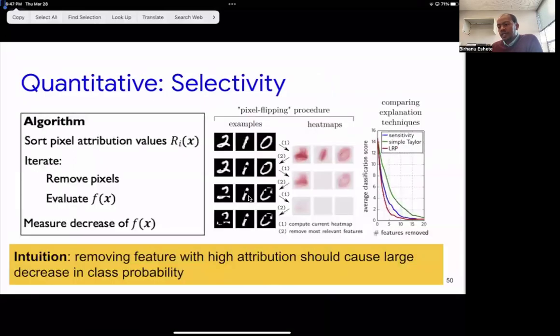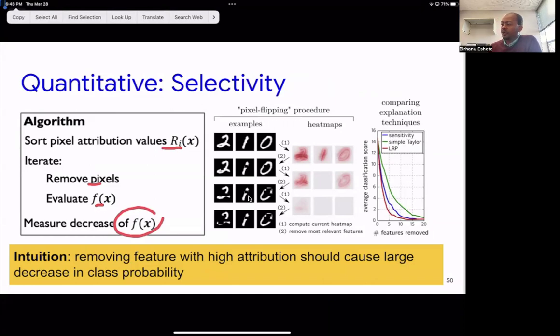The quantitative ones could be implemented in different ways, but the idea is you're going to sort pixel attribution values, for instance, and iterate over them, remove pixels, evaluate the model and see how the model accuracy decreases, to understand the importance of these attribution values.